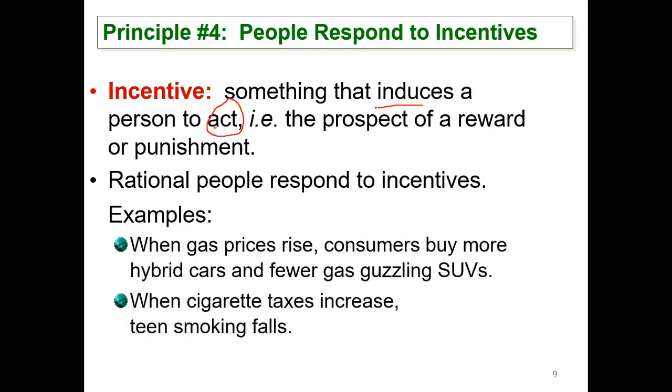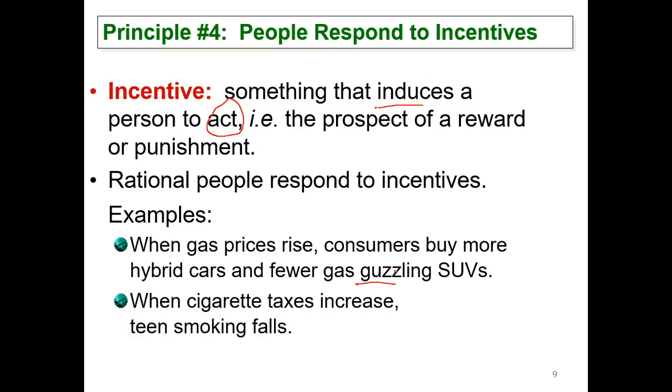Examples: when gas prices rise, consumers buy more hybrid cars and fewer gasoline SUVs. If the price of gasoline is high, our decision in buying vehicles is to choose fuel-efficient ones because gasoline is expensive.